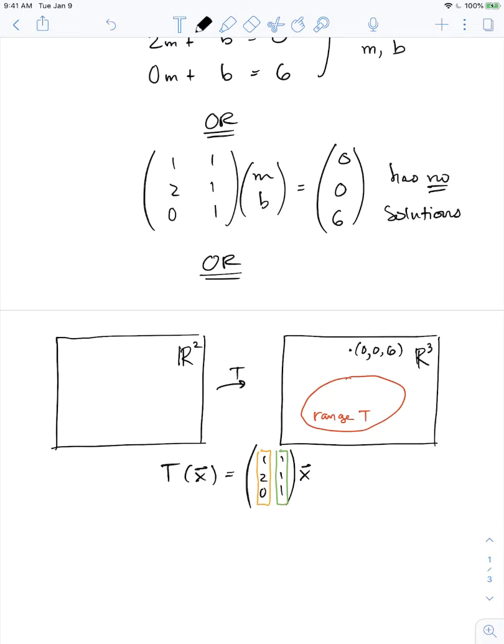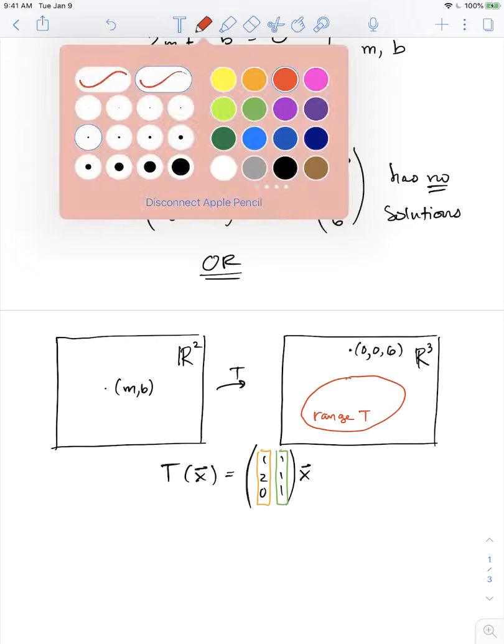Okay, fine. So there's no input that we could possibly plug in to land us at (0, 0, 6). There is no input m comma b that outputs (0, 0, 6). All right, fine. (0, 0, 6) isn't in the range. Well, if it's not in the range, is there something in the range closest to (0, 0, 6)? We're looking for a vector in the range.